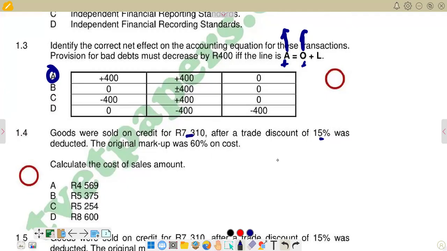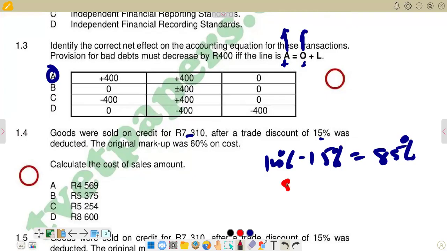So if you say 100%, minus 15% of trade discount, you are going to get 85%. So this 85% represents this figure 7,310. And the figure that we are looking for is the cost price.